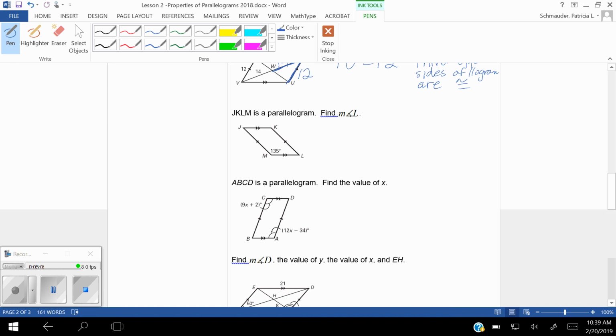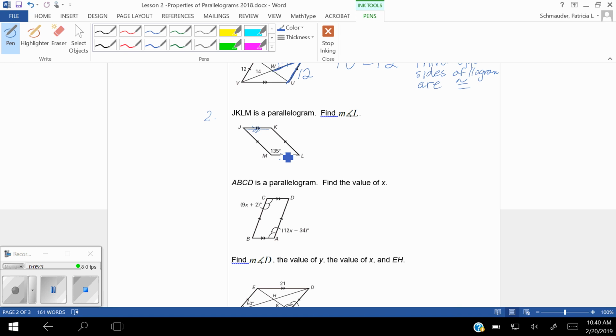Okay, here we have JKLM on problem number 2 is a parallelogram, and they have it marked. This is how I know it's a parallelogram. They're showing me that opposite sides are parallel. Is that a theorem or a definition? That's the definition of parallelogram. Don't forget. All right, the measure of angle M is 135.